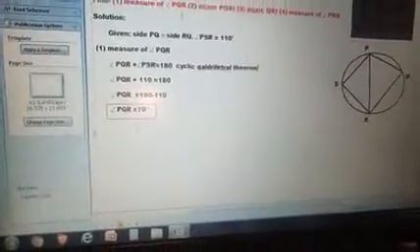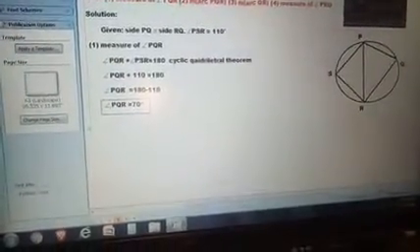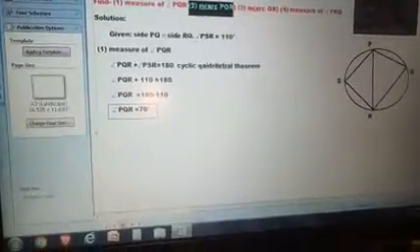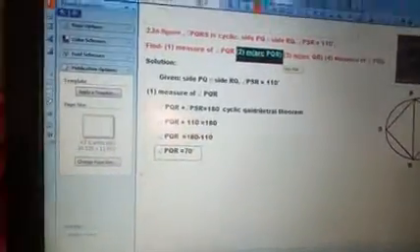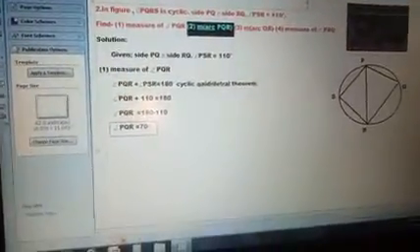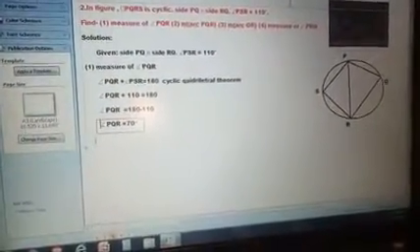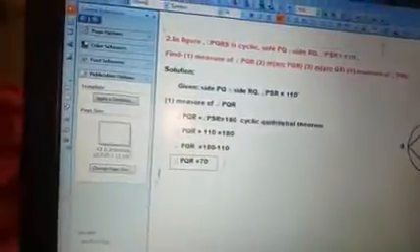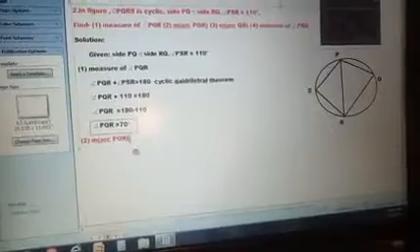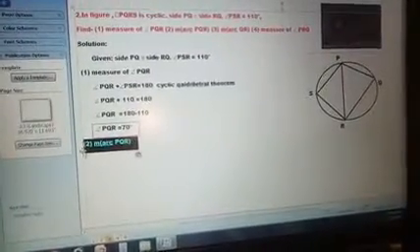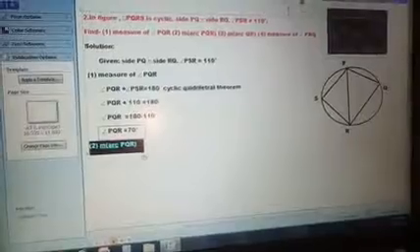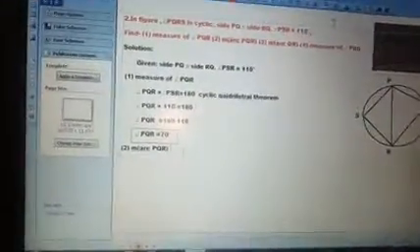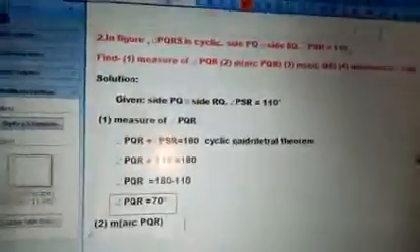Okay, now second we have to find the measuring arc PQR. So to find the measure of arc PQR, we have to use the inscribed angle theorem, and we have already been given the angle PSR.